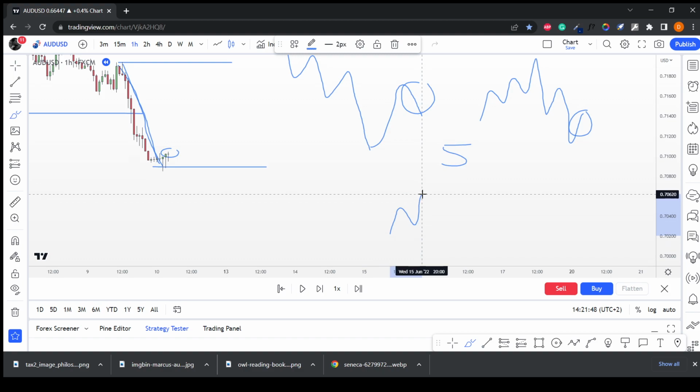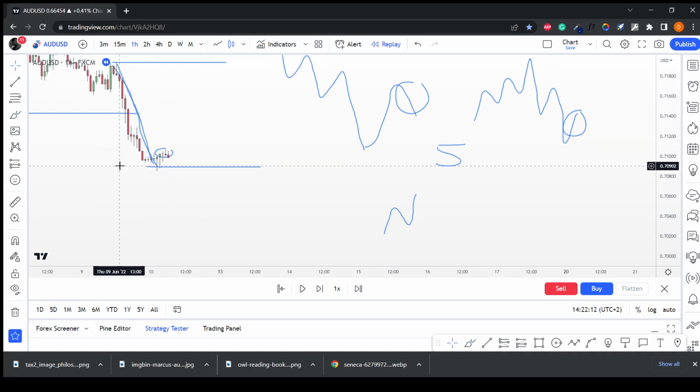And again, remember, structure is independent but connected at the same time. So it influences the ranges, they influence one another, and when they become aligned, we can already expect more probability to one side or the other side, depending on the direction. So let's see how this range will develop.